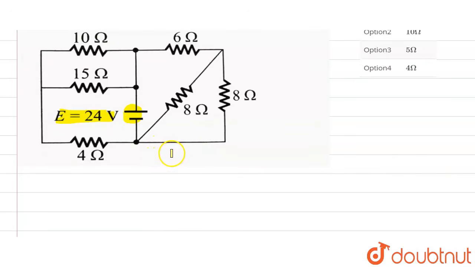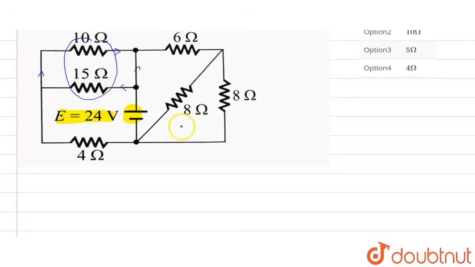Okay, so we can reduce this circuit. Let me explain: these two are in parallel. We can clearly see that as the current goes here, it goes here also. So finally we can see that these two are in parallel.